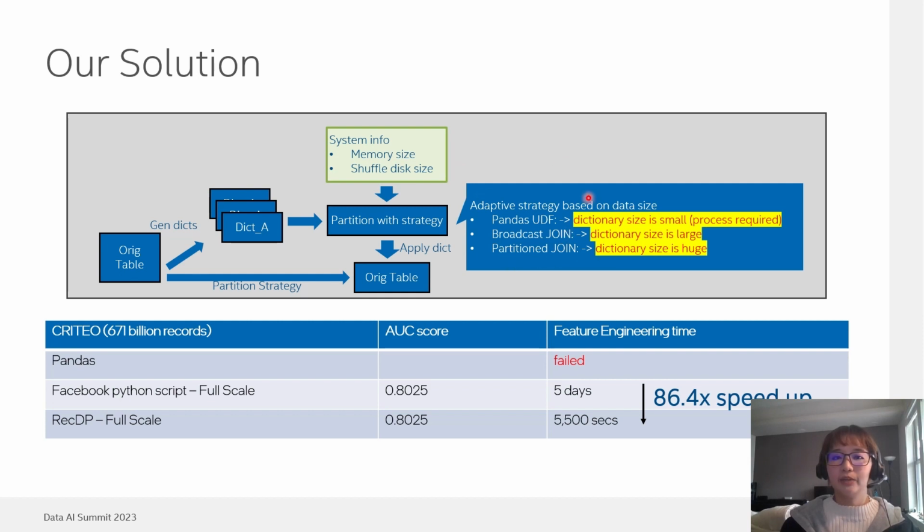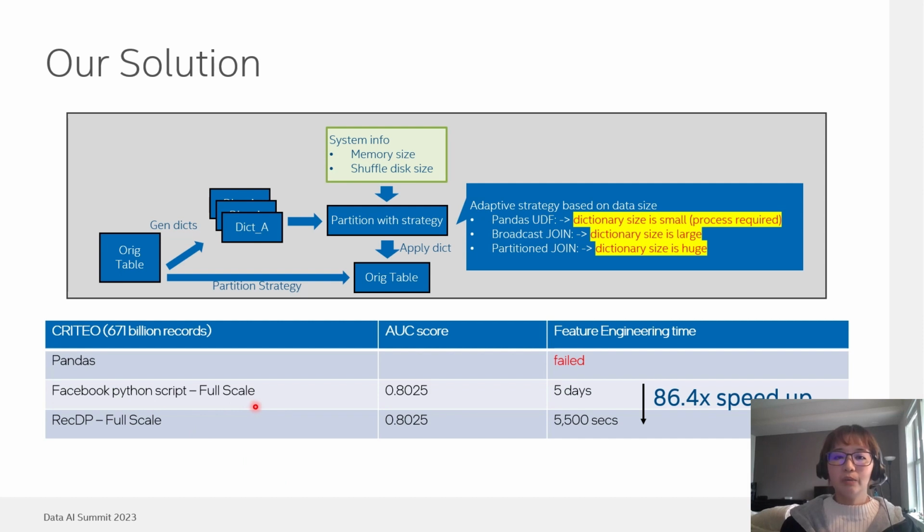If the Categorify is not only converting a string to an ID, but requires a split or some additional filtering, we may use a pandas UDF or a transformation before the joining. With this adaptive strategy, we use the Criteo dataset as an example.